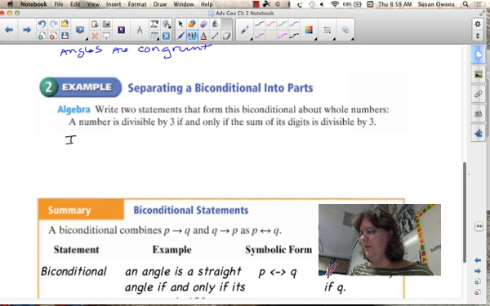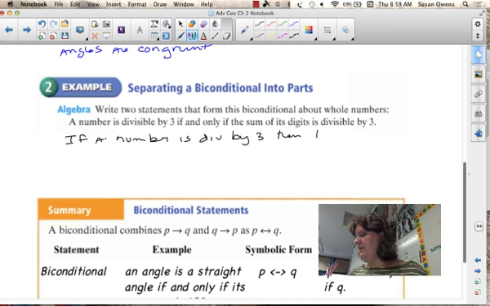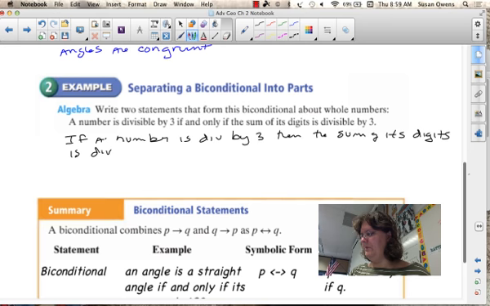So if a number is divisible by 3, then the sum of its digits is divisible by 3. And then for the converse, all we have to do is switch the hypothesis and conclusion.